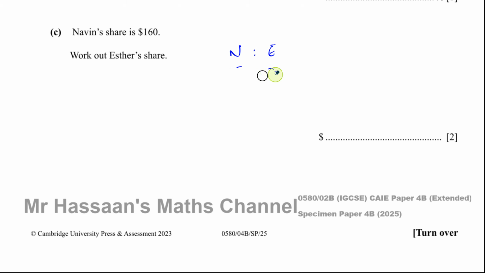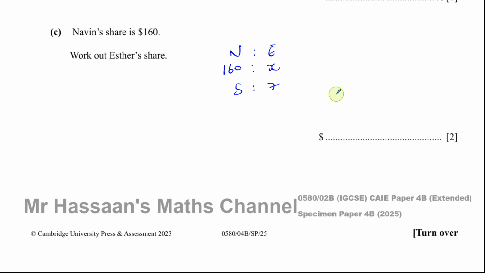What I would do is put the unknowns on top and what we know underneath. So Navin's share is 160. We want to find Esther's share, which we're going to call X. And the ratio of these, Navin to Esther, is 5:7.